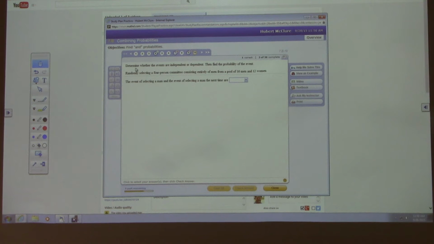Here we go. Determine whether the events are independent or dependent. Then find the probability. Randomly selecting a four-person committee entirely of men from a pool of 16. Oh God, here it goes. Very sexist. All right, is this bodies or votes?